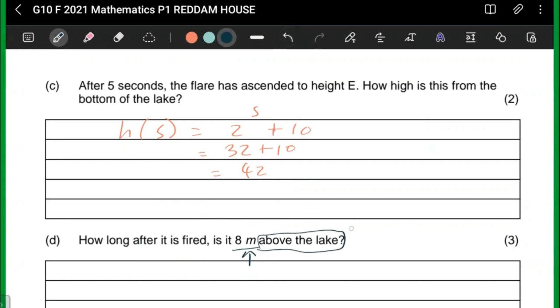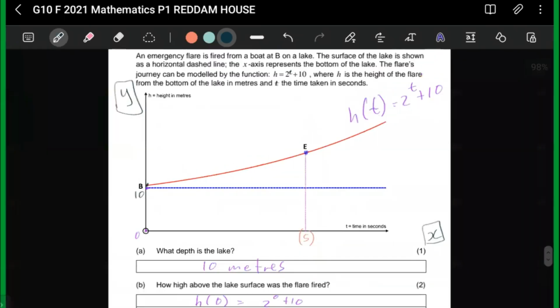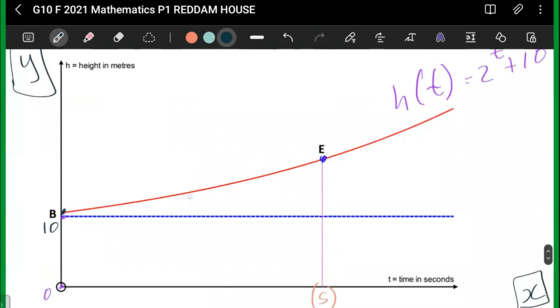Because if you look at the way the question is talking, they're saying, how long after it is fired is it 8 meters above the lake? So you have to consider that if it is 8 meters above the lake, this would be 8, right?